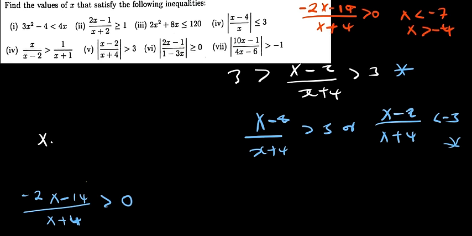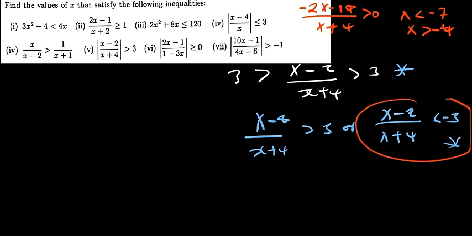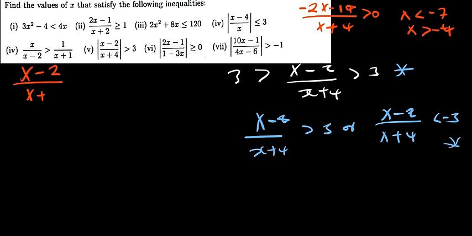Now I can get the other part. I also find the values of x. The other part is this one: x minus 2 over x plus 4 less than negative 3. If I shift 3 to the other side, it's going to be plus since it was minus, so less than 0.